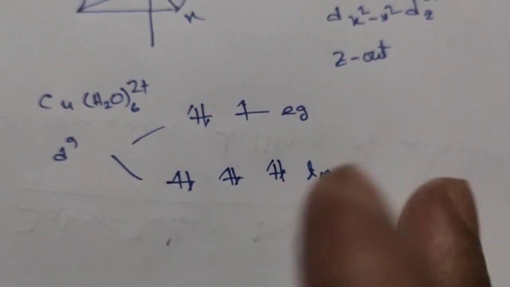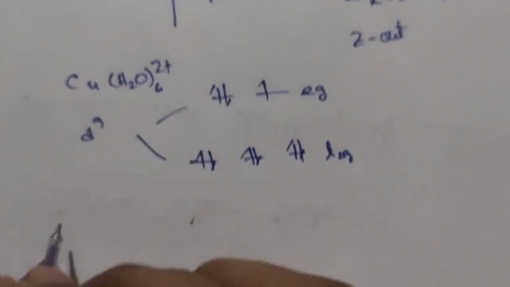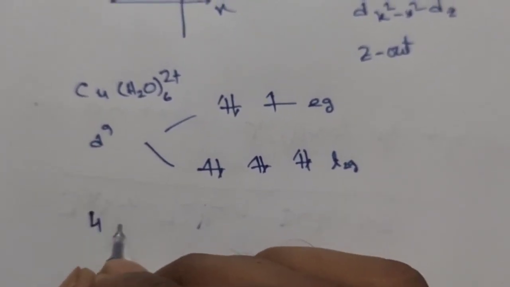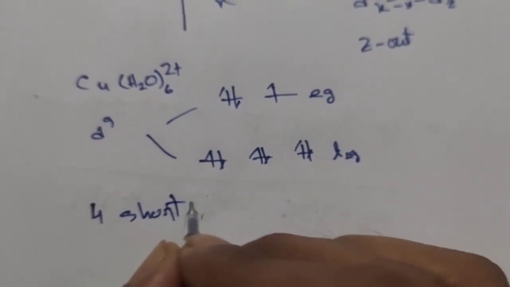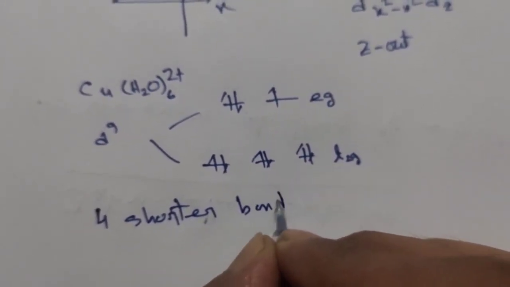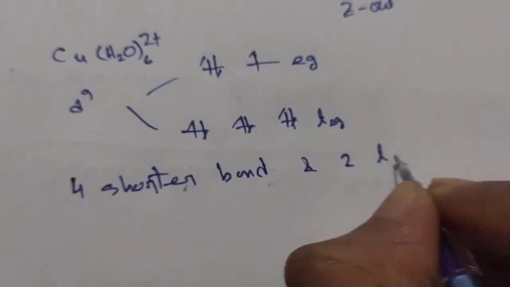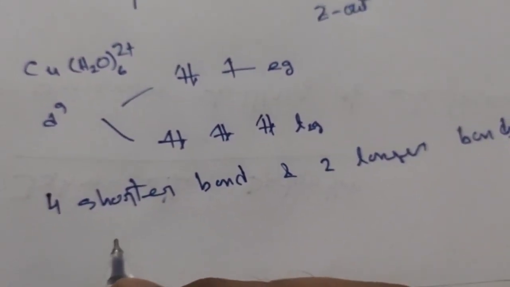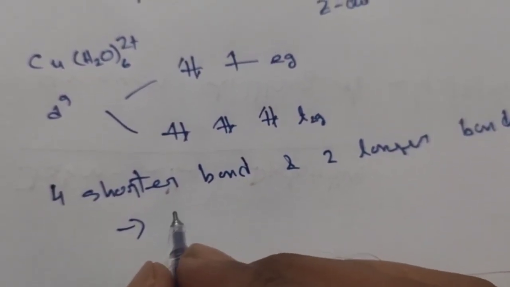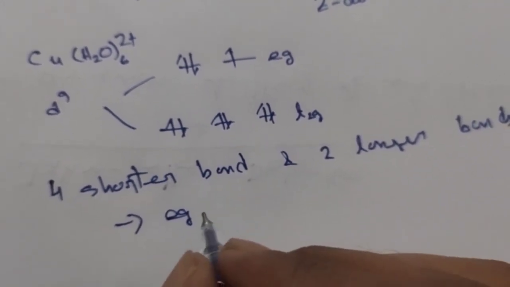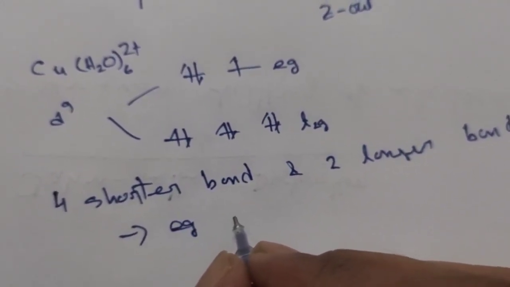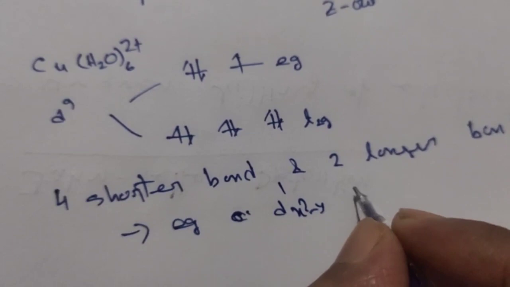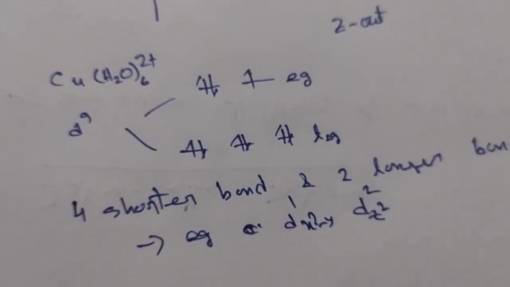But experimentally we have found that in most cases of copper complexes, there are 4 shorter bonds and 2 longer bonds, which implies that the Eg subset configuration will be dx square minus y square 1, dz square 2 electrons.